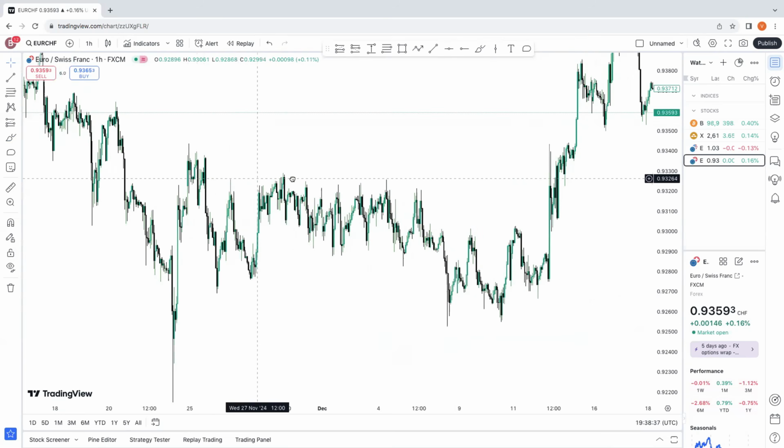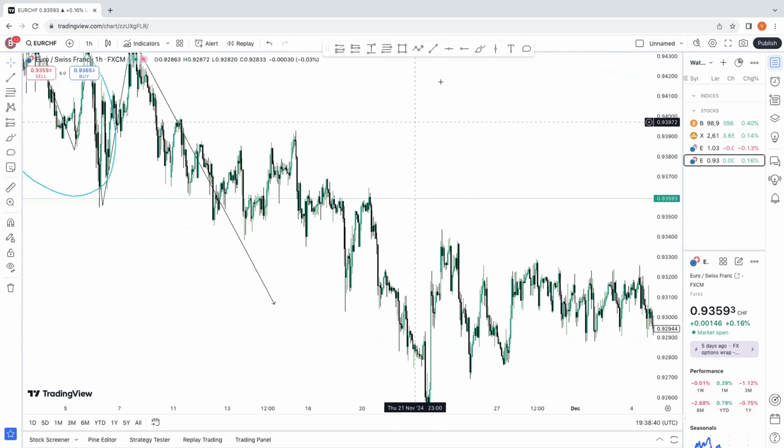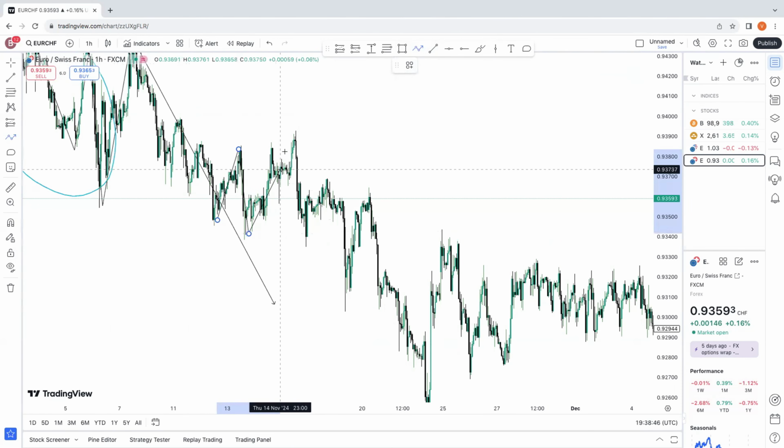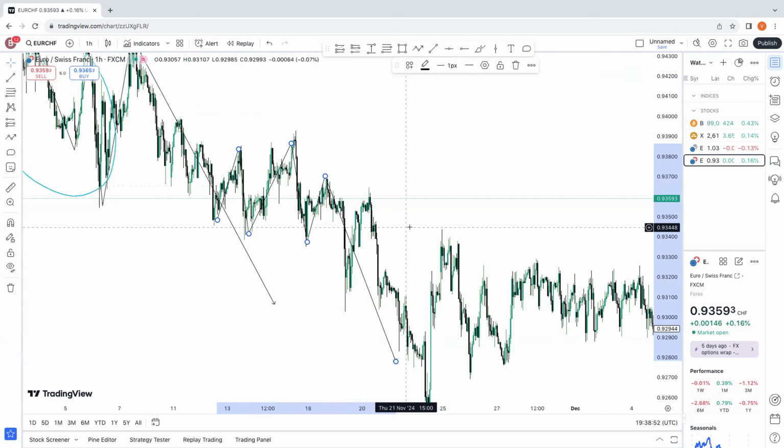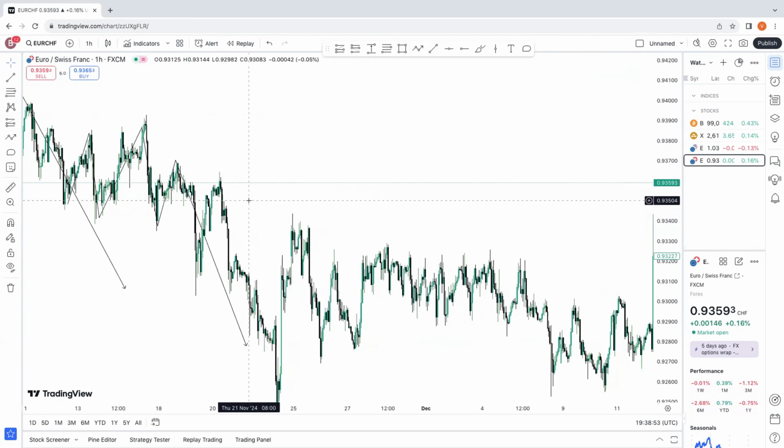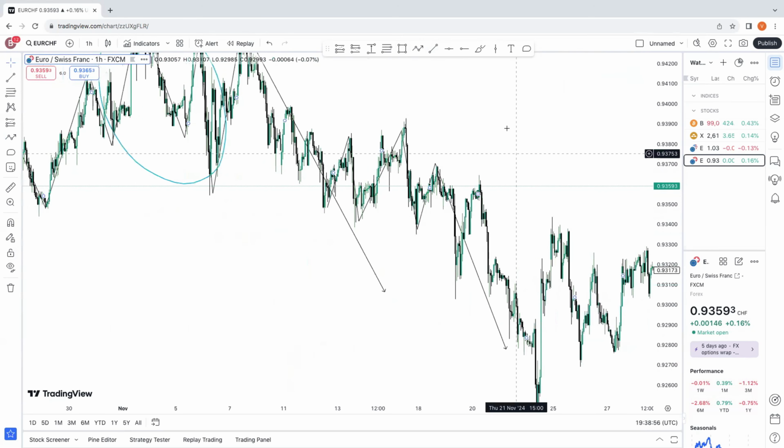Also, look at this zone as well. Although this was a continuation of the trend, a movement to the downside, still there was a mini consolidation, and then boom. So whenever price wants to retrace, it will arrange liquidity pool.